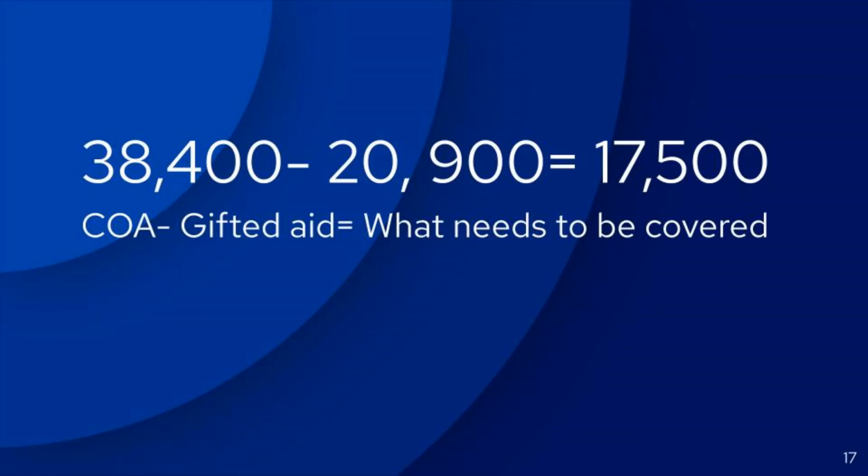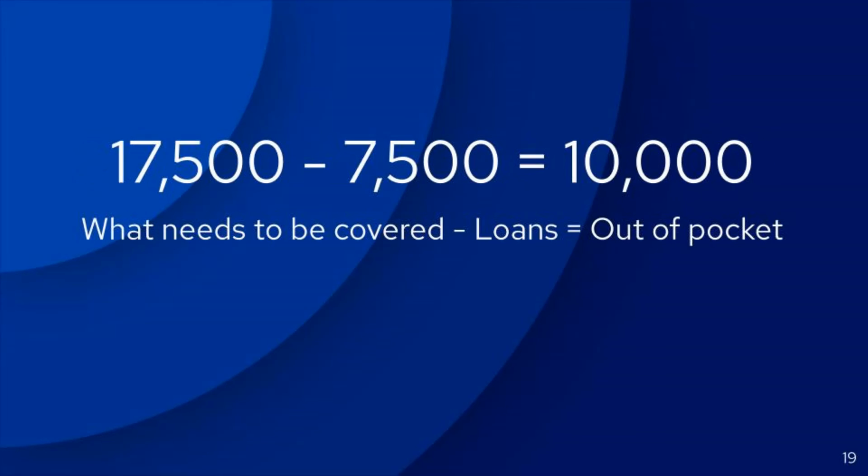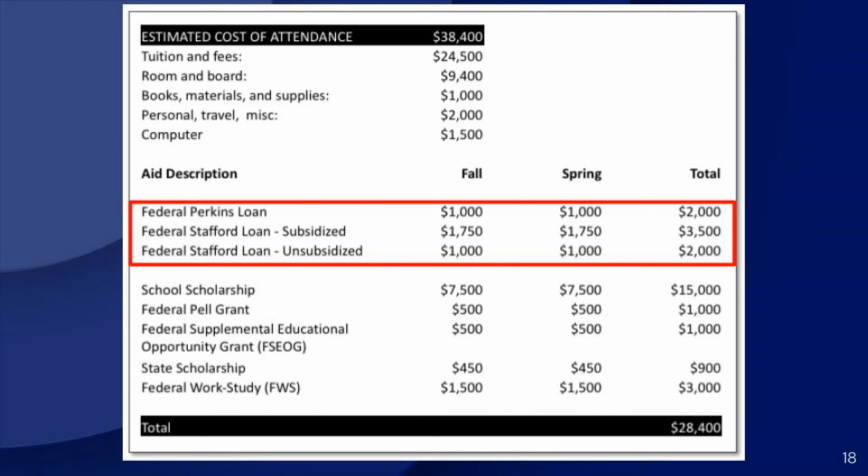This is the number that will need to be paid to the school either from out-of-pocket or outside scholarships or other loans that you apply to. Once you get the number $17,500, which is the number you need to pay to the school, you will subtract the loans from it. That is assuming that you are taking out all the loans available to you.